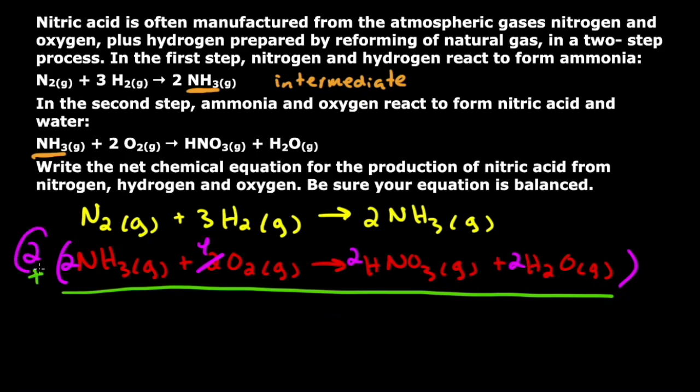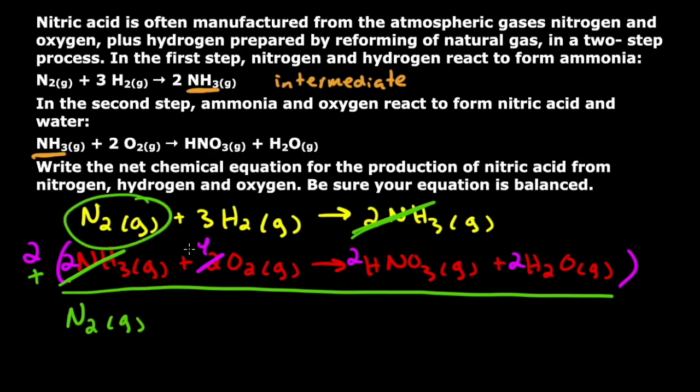So by putting this 2 right here, multiplying the entire chemical reaction, it actually changes the entire stoichiometry by a factor of 2. And that's what we need to do in order to cancel out this 2 NH3 there with this 2 NH3 there, so that we don't have any intermediates. And what we'll do for this next part is we're going to take this N2 here as a gas, and the reason why I just put N2 there as a gas is because I have an N2 gas there.